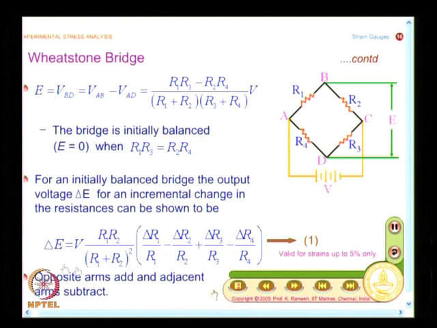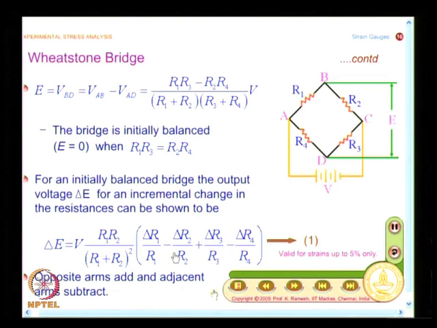Suppose I have 4 strain gauges connected and each one is measuring the respective strain, there would be changes in R1, R2, R3, R4, which would be measured as delta E, and you have this expression as delta E equal to V into R1 R2 divided by (R1 plus R2) squared, into (delta R1 by R1 minus delta R2 by R2 plus delta R3 by R3 minus delta R4 by R4).